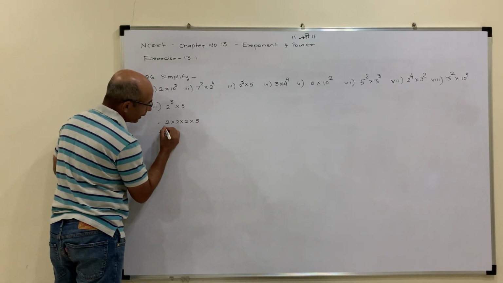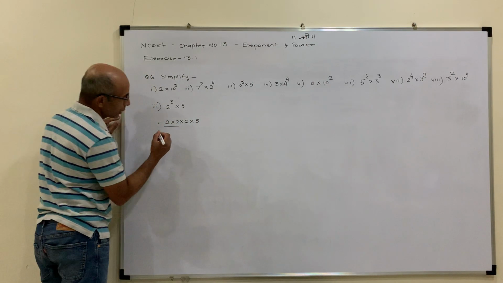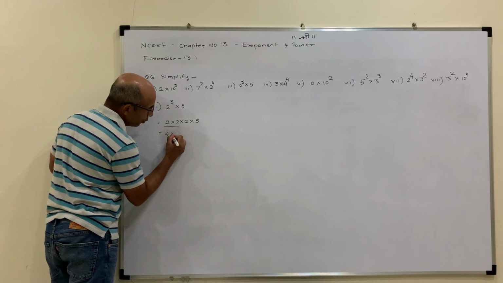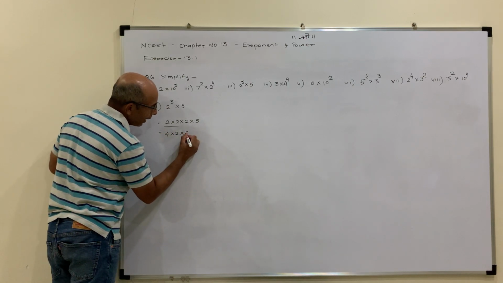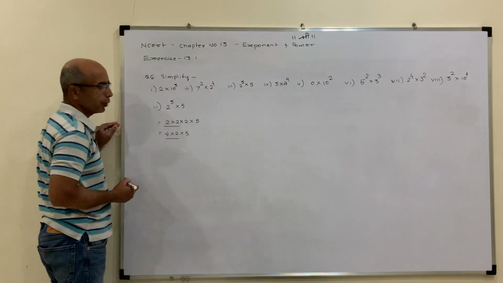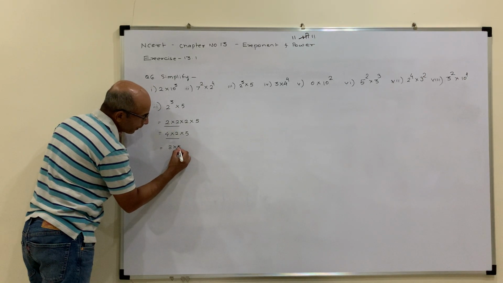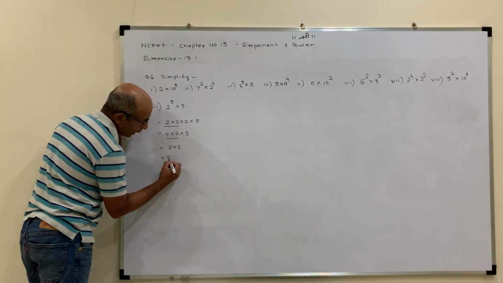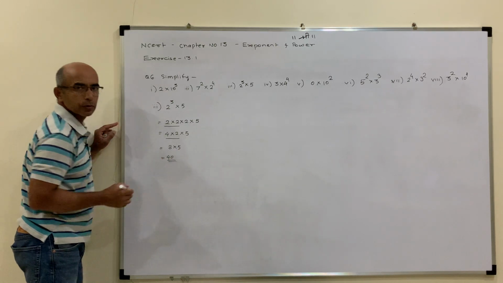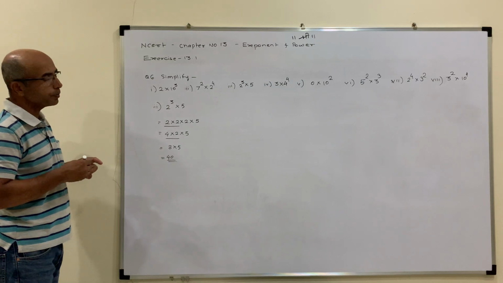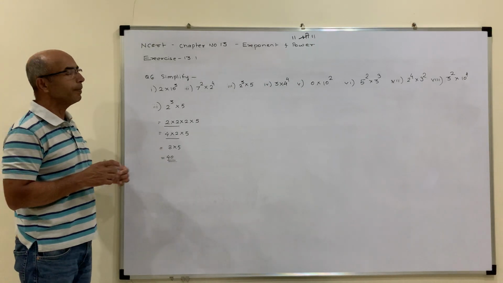So now we find the product of two numbers. 2 2s are 4, into 2 into 5. Now we solve: 4 2s are 8. So the next step will be 8 into 5. 8 5s are 40.